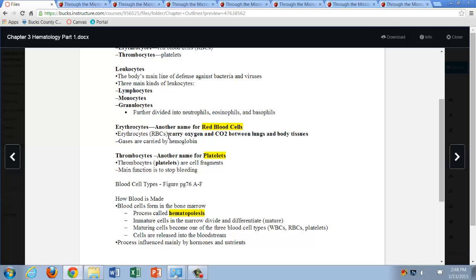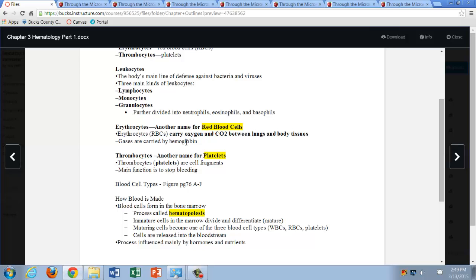The part of the erythrocyte that binds to oxygen and carbon dioxide is a compound called hemoglobin. It's a very large molecule, and the center of the molecule is iron. Sometimes we say, my patient is low in iron, or maybe my grandmother is low in iron. That means there's an iron deficiency anemia.